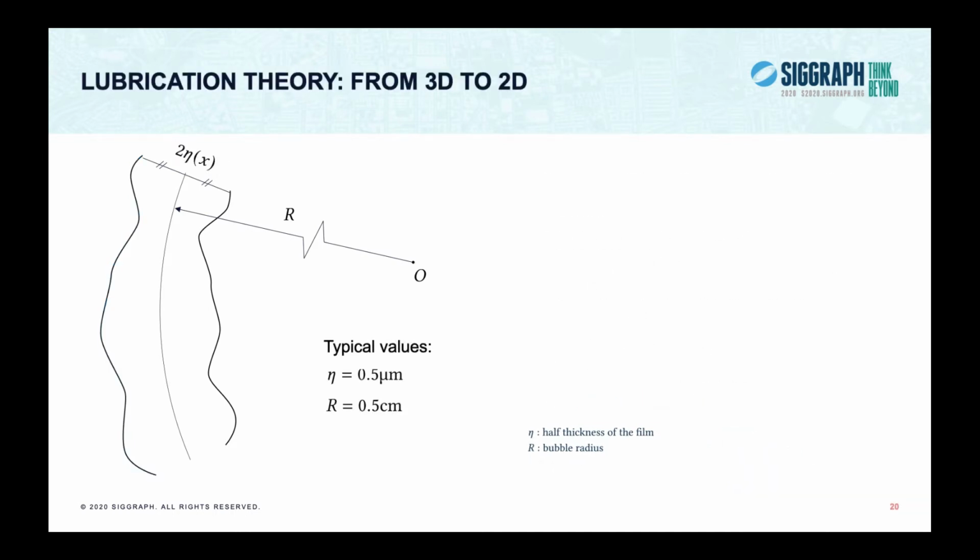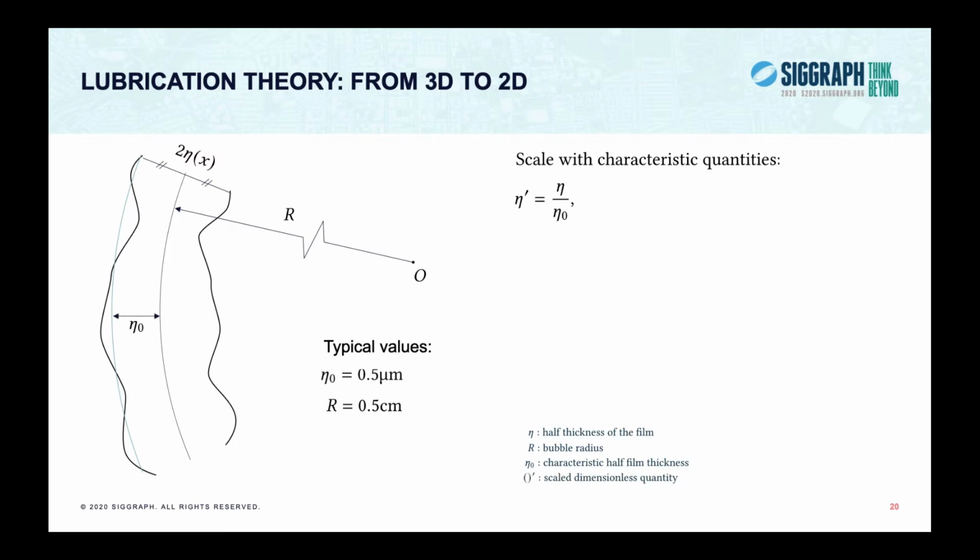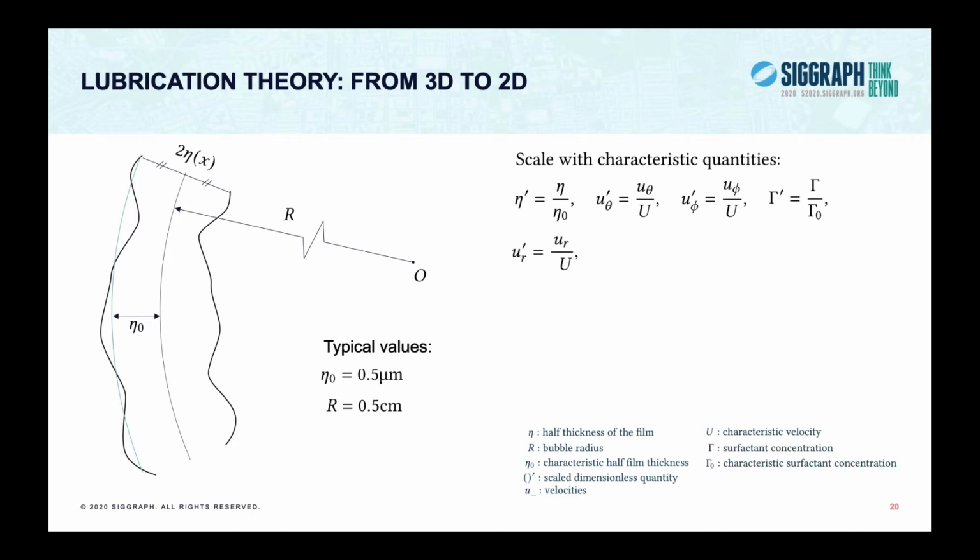Next, we scale quantities with their characteristic values. We do this for eta with eta prime equals eta over eta 0, where eta 0 is the average half thickness of the film. For the two velocity components, we scale with u, and for the surfactant concentration, gamma 0. ur is on the radial direction and thus very small, so we scale it additionally with a very small factor, which is the ratio of the thickness to the radius.